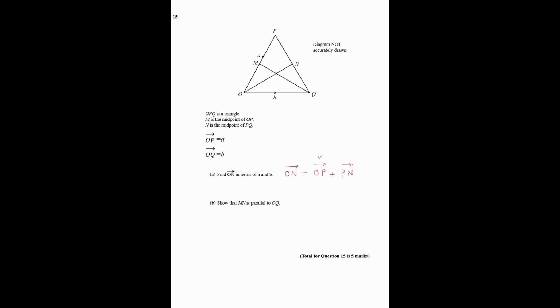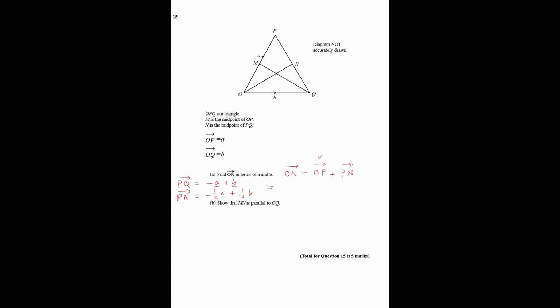So first I'm going to work out PQ and halve that, because PN is half of PQ. So PQ equals minus A plus B. That means PN equals minus a half A plus a half B.